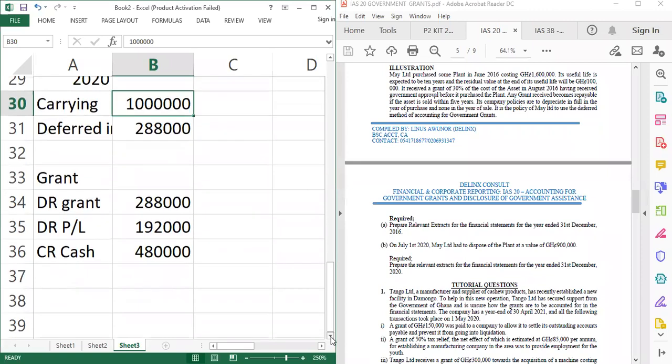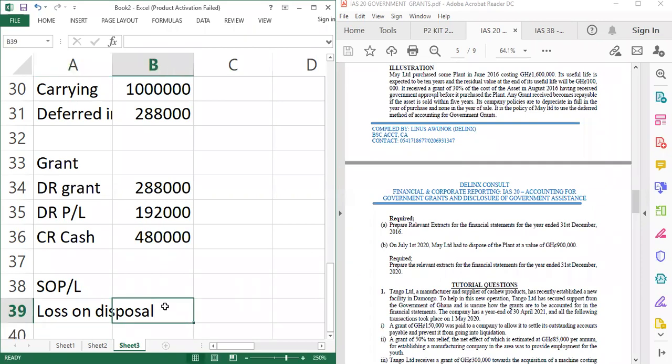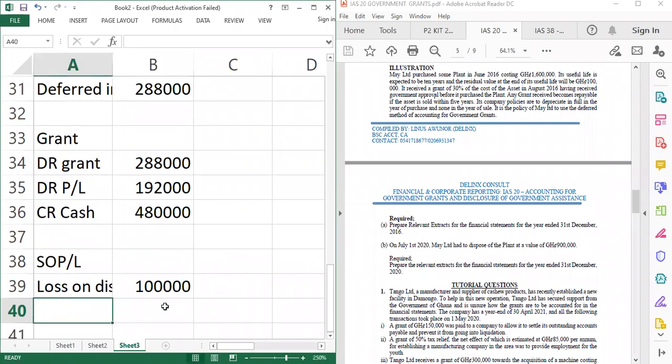So if you go to the statement of profit or loss, we are going to have two items: loss on disposal of plant, which will be 100,000. But we are also going to reverse the grant income, so reversal of all the grant income over the 4 years, which is 192,000.